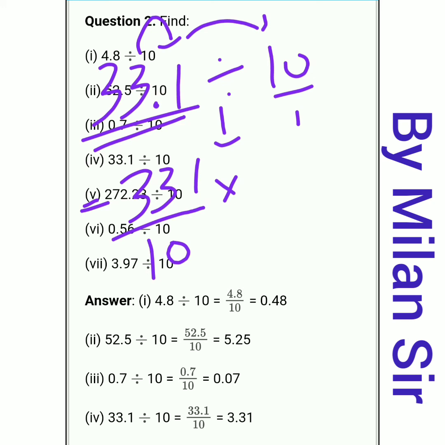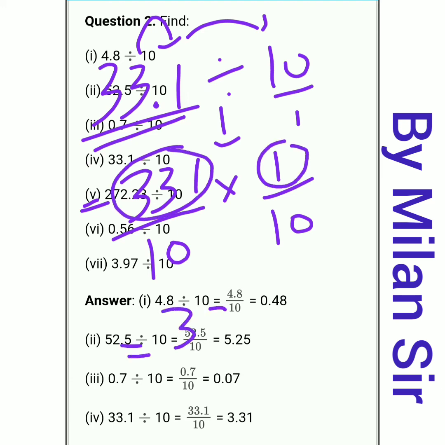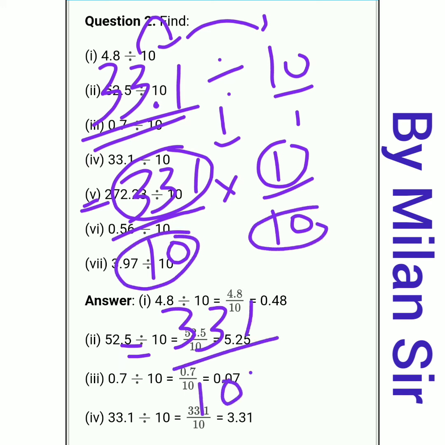For the reciprocal we change numerator and denominator, so 10 by 1 becomes 1 by 10. Now in the numerator 331 multiply 1 is 331, and in the denominator 10 into 10 is 100. So 331 divided by 100.